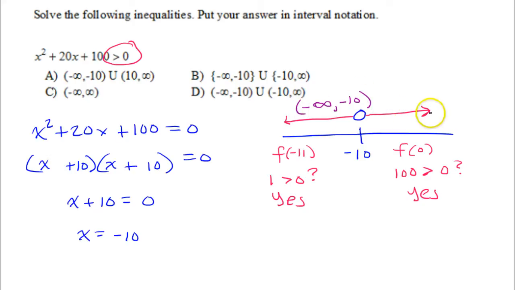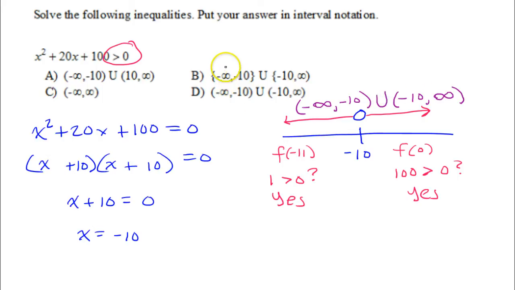Now this right arrow goes from negative 10 to positive infinity. And again, because it's an open circle, that's going to be round. And infinities are always round. And I'll put the union symbol right there.